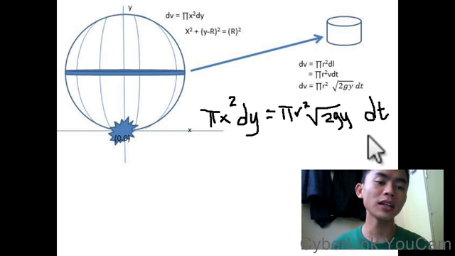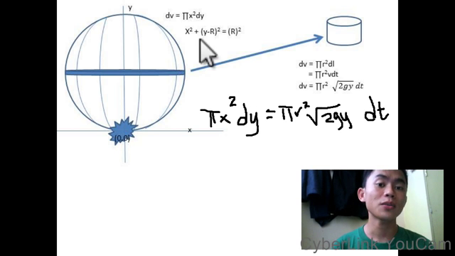So recalling the radius, x² + y² = r². We use this.